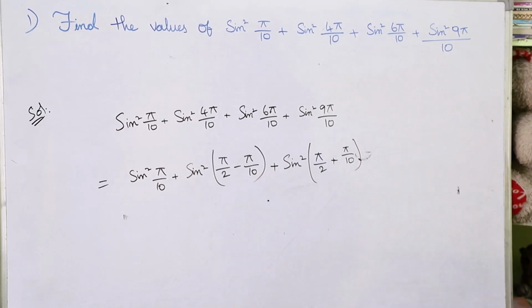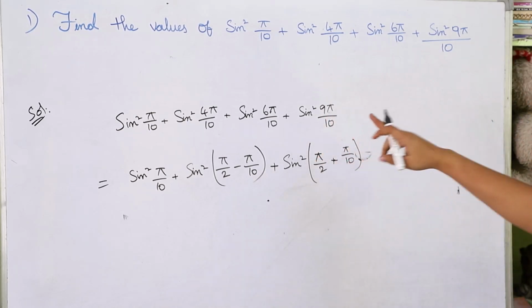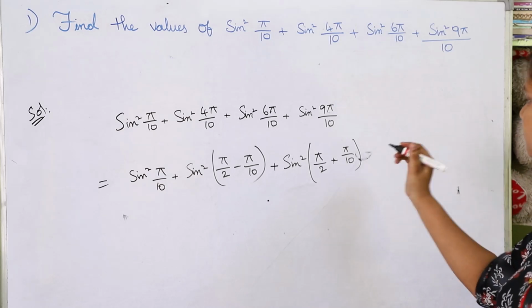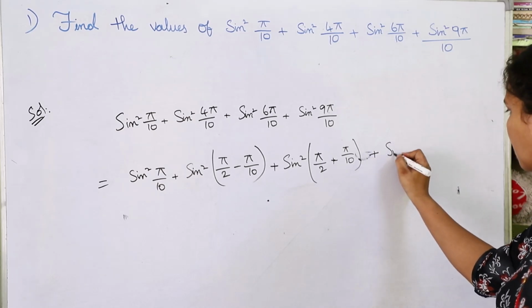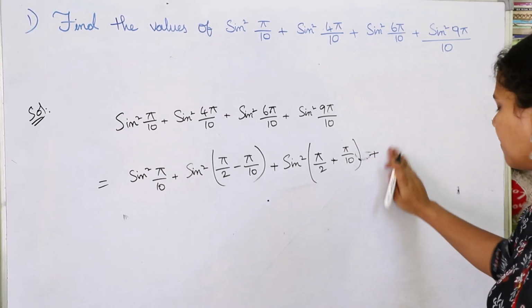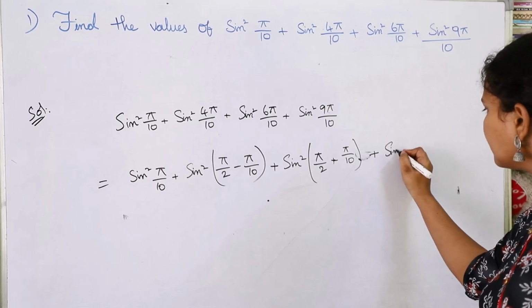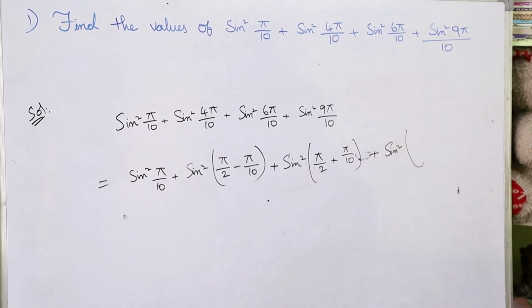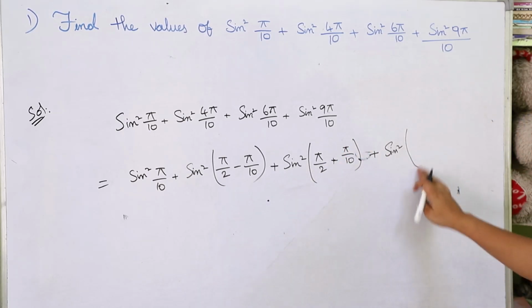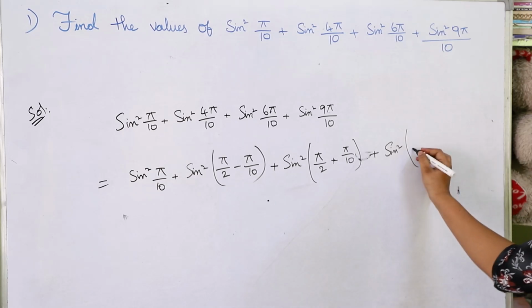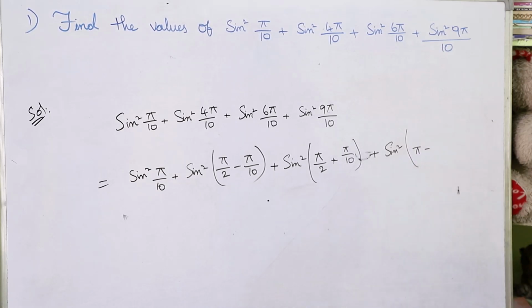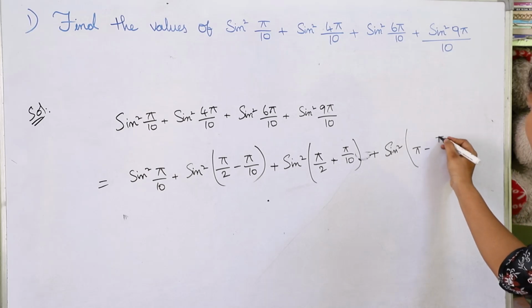Now let me go for the next one, sine square 9 pi by 10. Just listen carefully. I can write 9 pi by 10 as pi minus pi by 10.